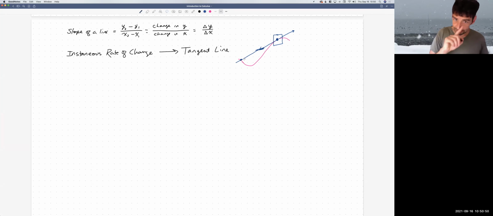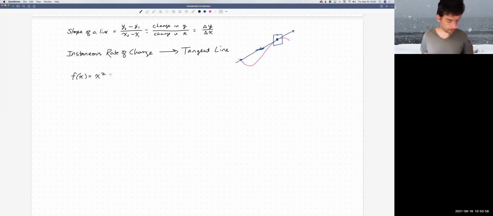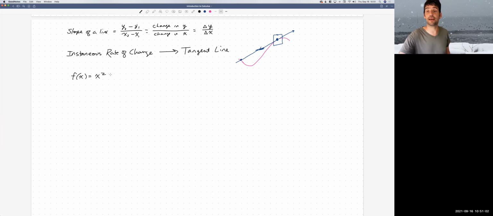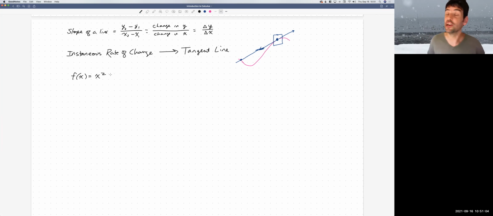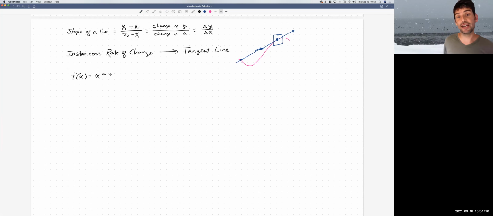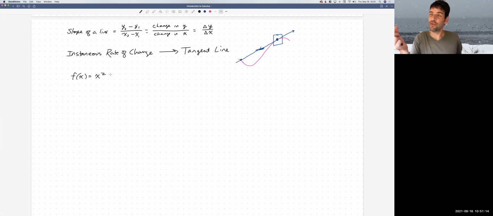Okay, so let's get at this tangent line a little more. Let's look at f of x equals x squared. The idea is the same as we used for the instantaneous rate of change. I don't know how to find the slope of a line at 1 point, so I approximate it by finding the slope of the line through 1 point and another point pretty close to it.